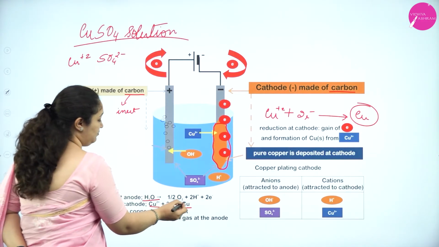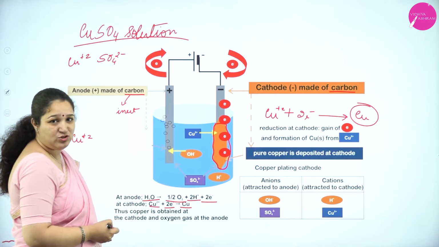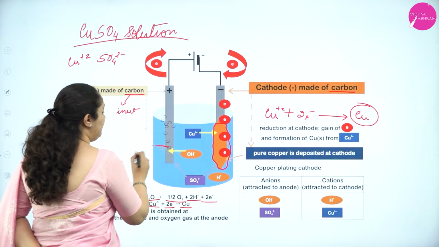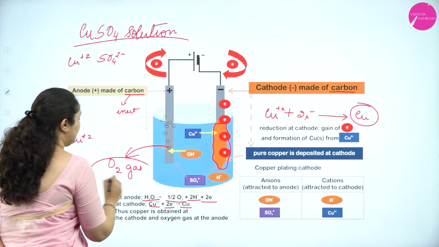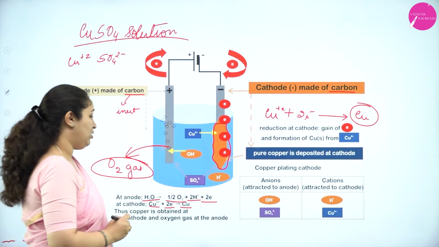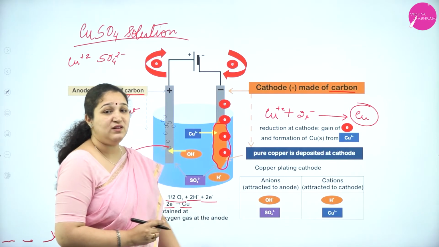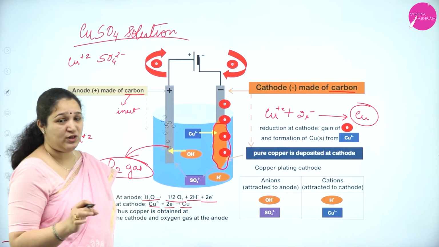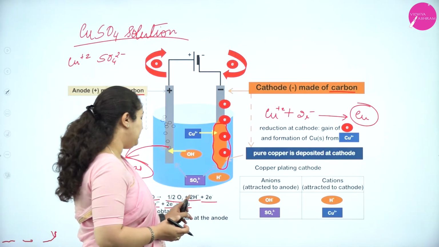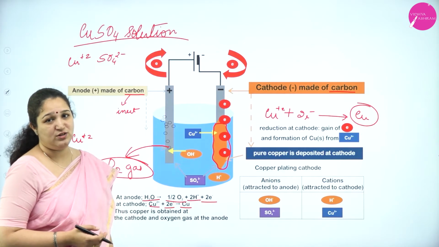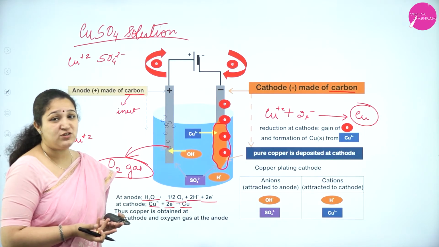Water liberates oxygen gas, hydrogen and electrons. So, what is getting liberated at the anode? It is oxygen gas, because sulfate ion oxidation is not feasible here. The one with the lower potential will be possible, and this is the reaction with the lower potential.